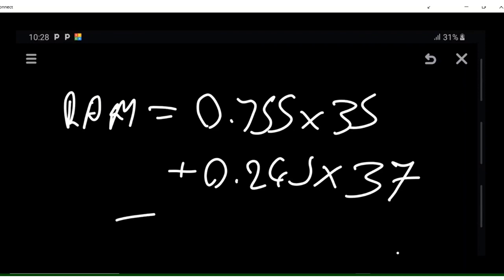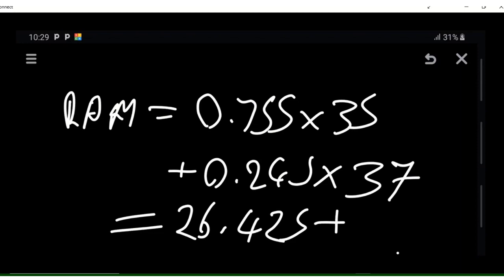So when you punch it on the calculator, 0.755 multiplied by 35 is 26.425. I can advise you, in chemistry you shouldn't do a lot of rounding off, because you may end up with a wrong answer.